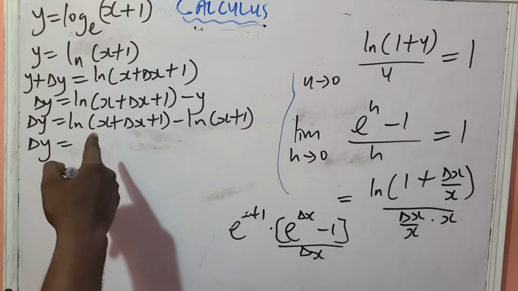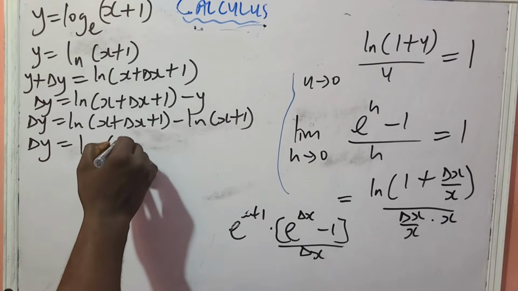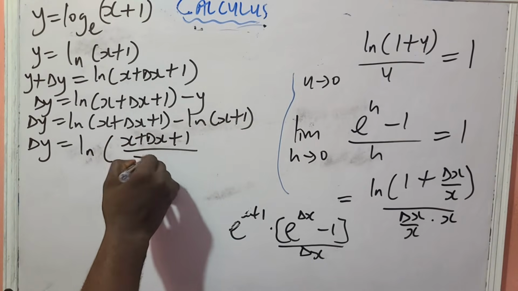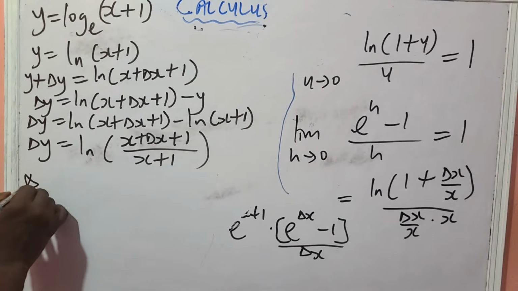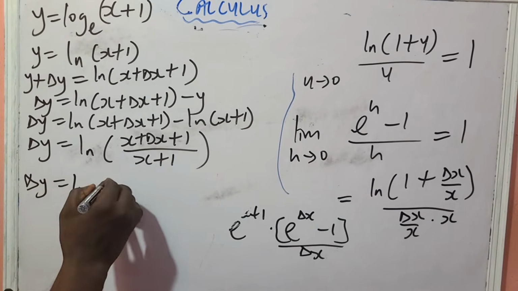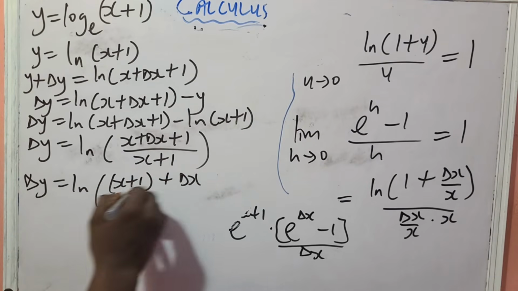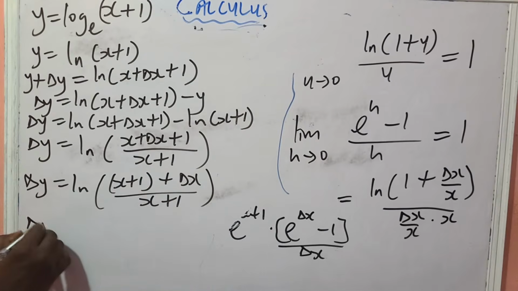If you followed us in the last question, the law of logarithm will work here. We'll have ln of (x plus change in x plus 1) over (x plus 1). I'm sure everybody agrees with this. So it's very okay if I write it like this: (x plus 1 plus change in x) over (x plus 1). And if I go on now to write it like this, I would not be wrong.